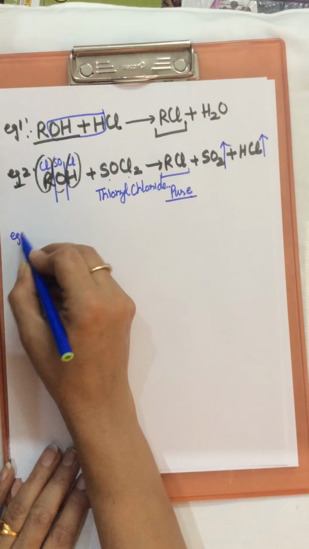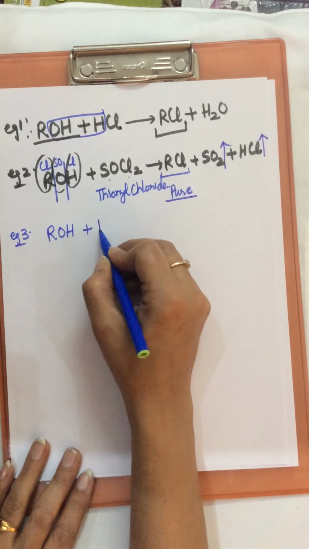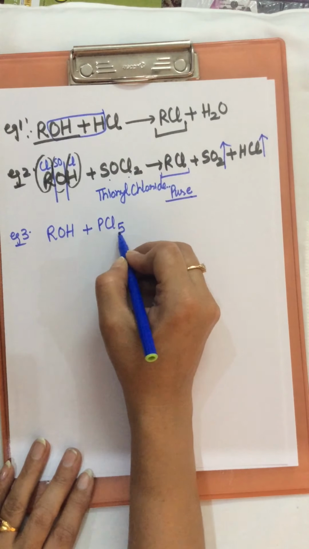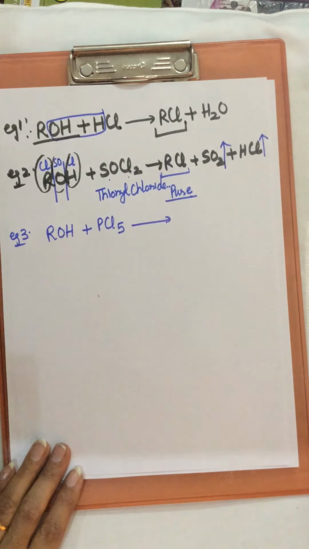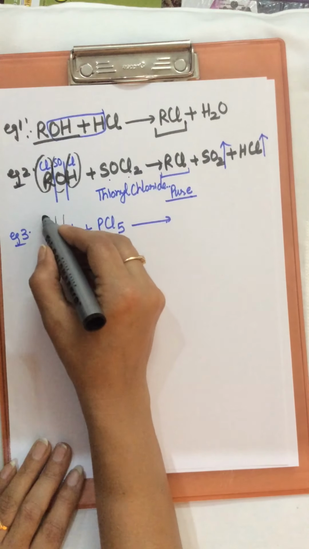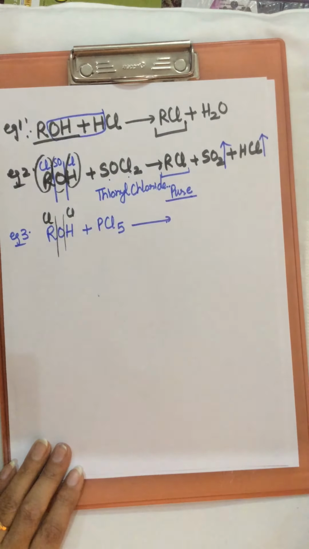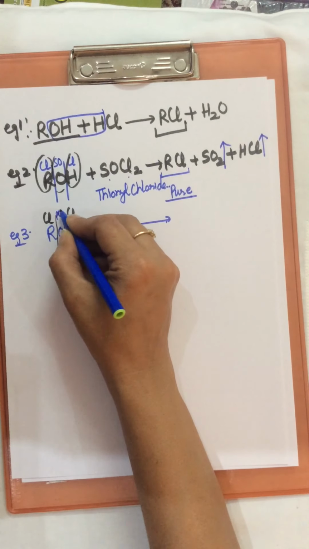Next we have third example. If alcohols are reacted with PCl5, phosphorus pentachloride, then what we get, again to understand this I'm dividing it. 1 Cl I'm writing here, another Cl I'm writing here. After taking out 2 Cl, what is left in PCl5 is PCl3. So that PCl3 I'm writing here.